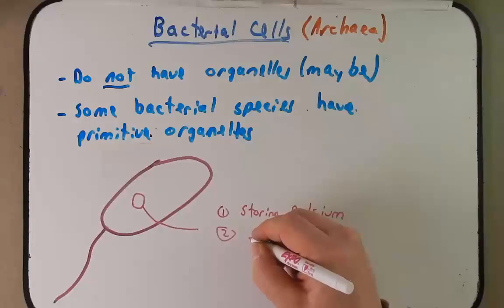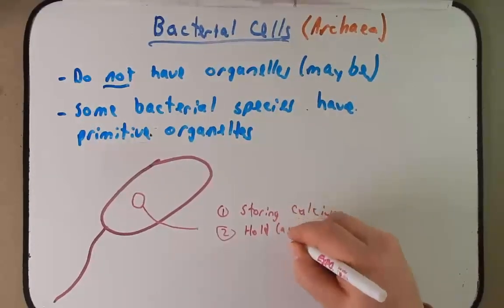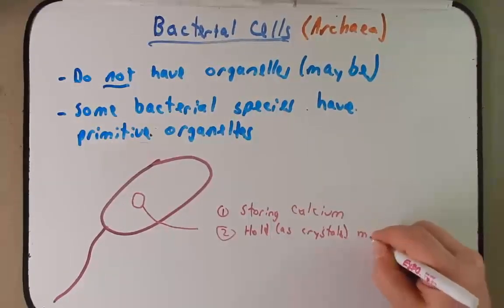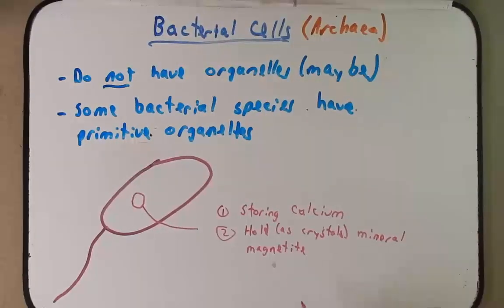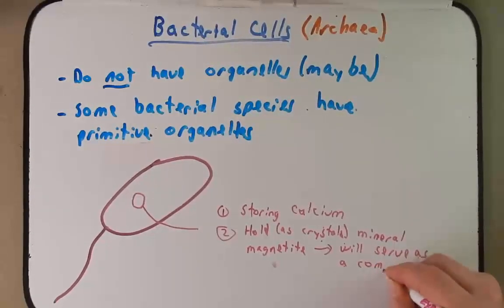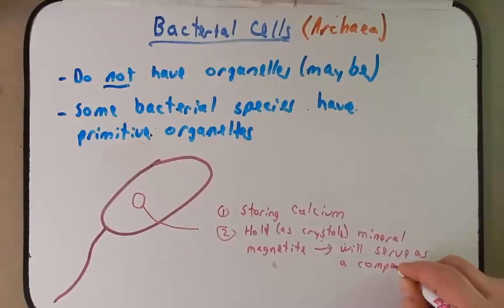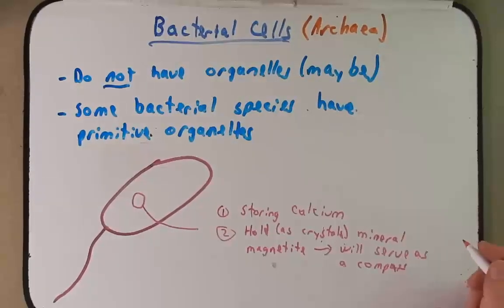They will hold as crystals the mineral magnetite. And this crystallized form of magnetite will serve as a compass, allowing the bacteria to swim in very specific directions.